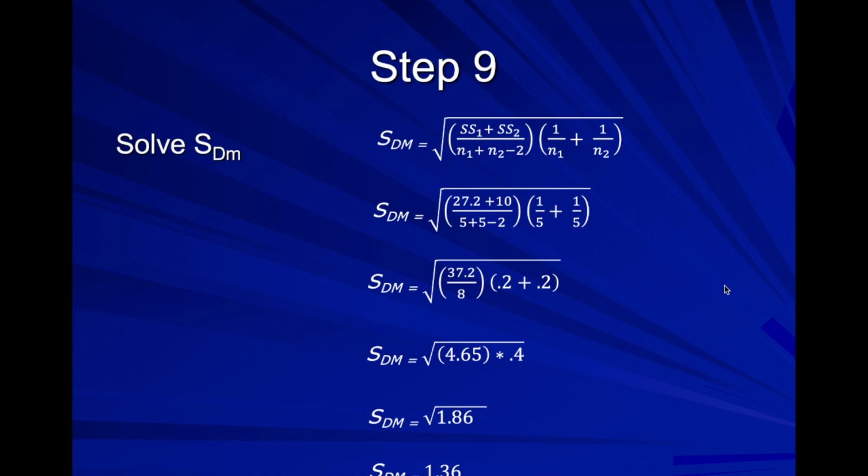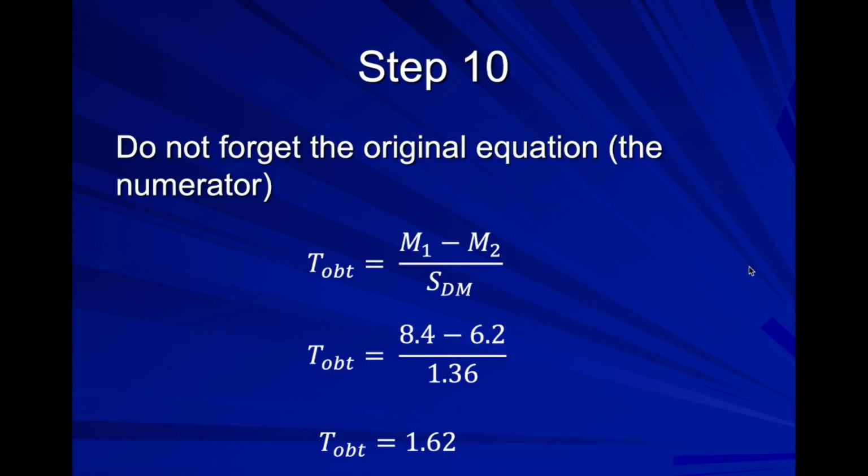Now, another thing a lot of people do is they forget to put it back in the equation. They'll just say, oh, we did all that work and now we've got 1.36. Well, we're one step away from being done. You put 1.36 in the denominator, and then you still have to include the mean of the first group and the mean of the second.